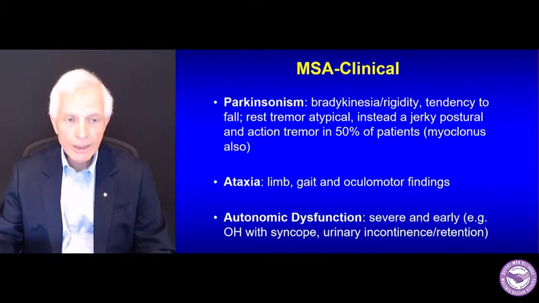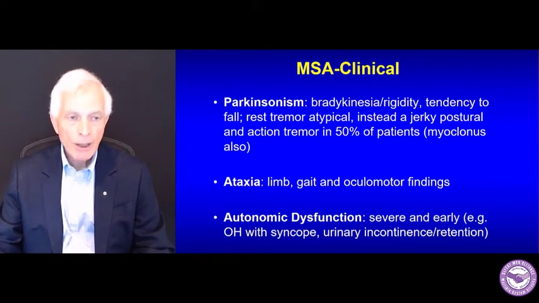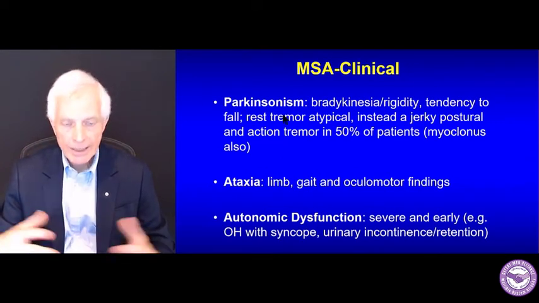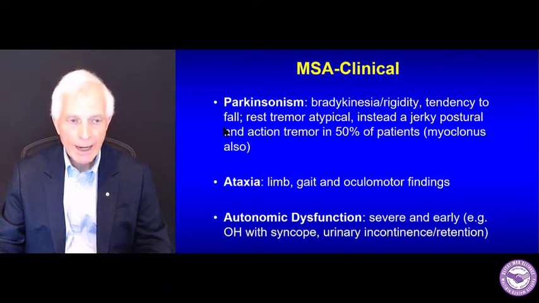Now, the clinical characteristics are subdivided into three major subtypes or forms. Parkinsonism is a syndrome or an umbrella term that we use to describe the features that we more commonly see in Parkinson's disease, with slowness of movement, so-called bradykinesia, or increase in tone, rigidity, tendency to fall and poor postural stability, all features that make up that umbrella term Parkinsonism.